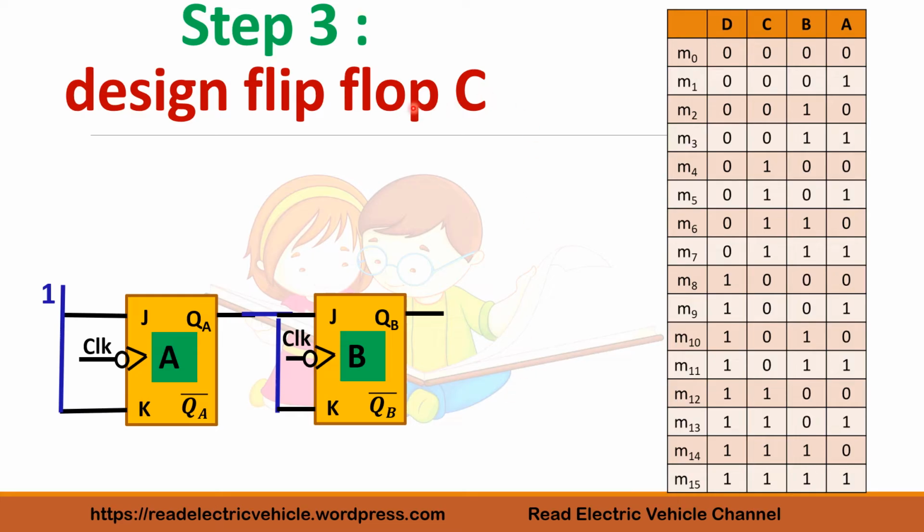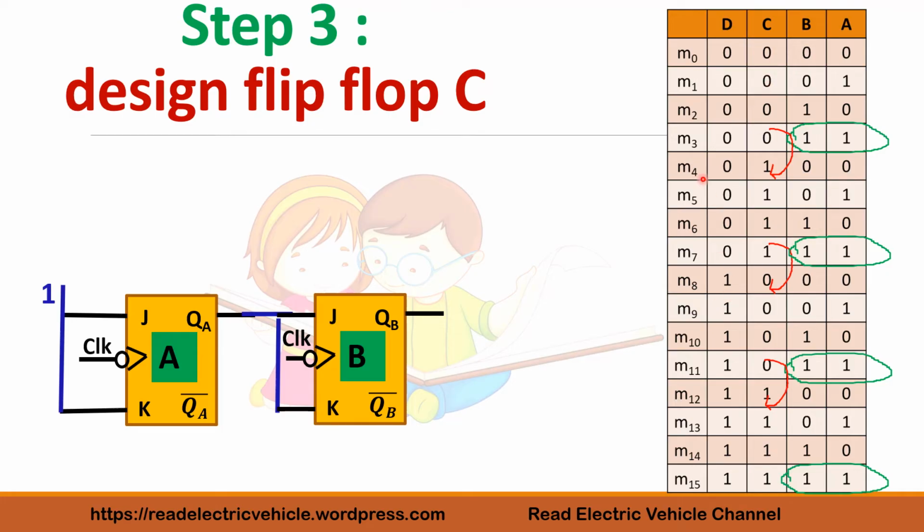Next we will design the flip-flop C. So for C again you have to find the relation. When you have 1, 1 here, the C flip-flop is changing its state. Again you see 1, 1 here. It is changing its state from 1 to 0. Again 1, 1, it is changing the state. Again you have 1, 1 here. It is changing the state from 1 to 0.